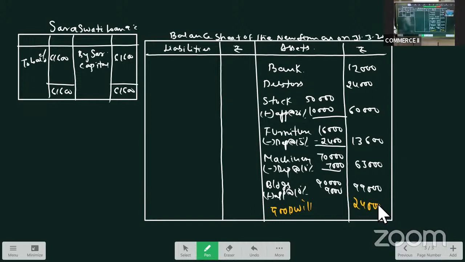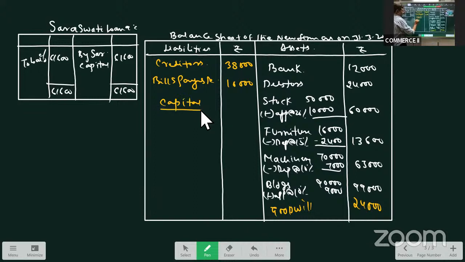Then on the liability side, we have creditors and bills payable. We have creditors 38,000. Bills payable 11,000. General reserve we will not take.